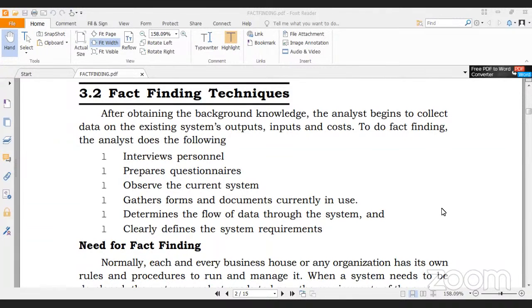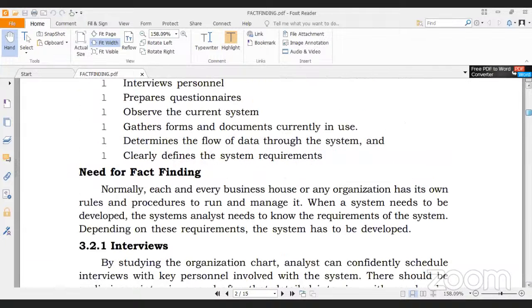So these are the 6 fact-finding methods to collect the facts and data.